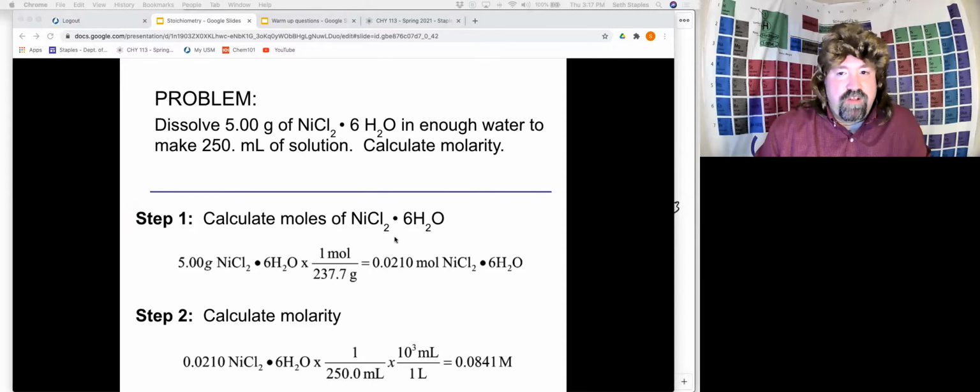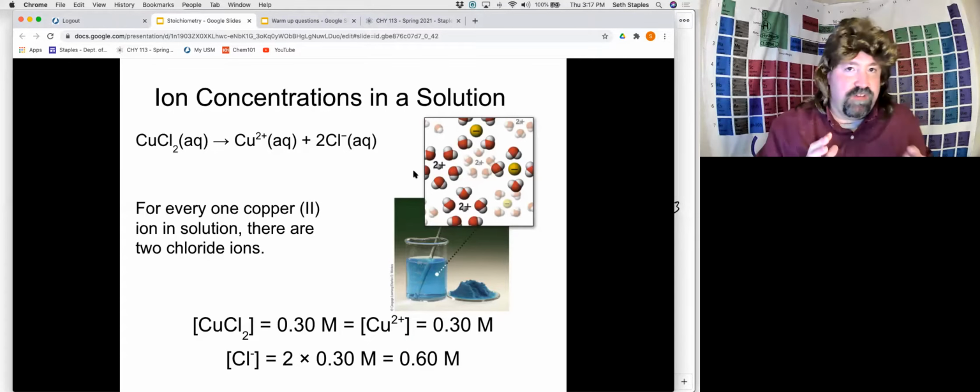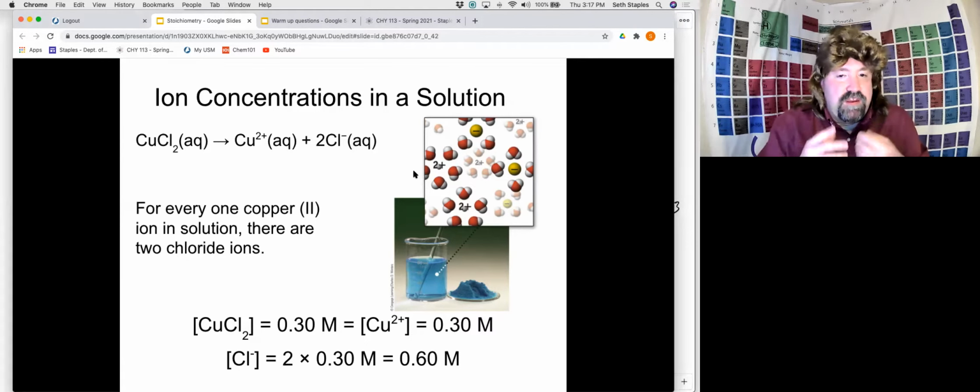Now, let's take a look at what this means for different ion concentrations. One of the things we have to keep in mind is that the number of ions in any solution depends on how that compound dissociates in water.